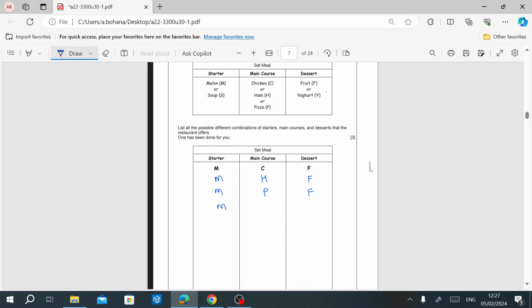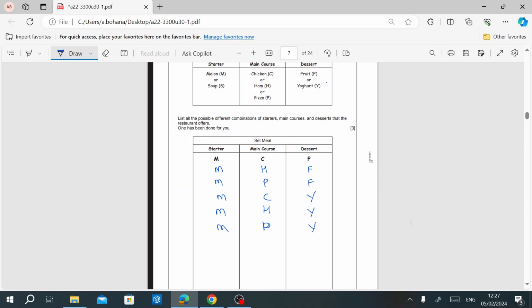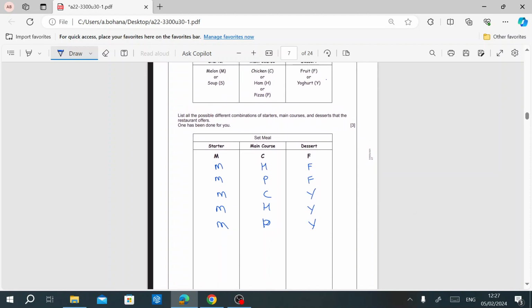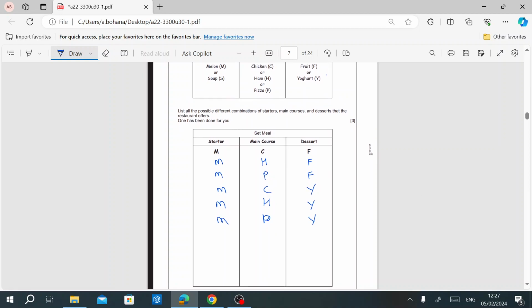So it's going to be melon, chicken, yogurt, melon, ham, yogurt, melon, pizza, and yogurt. So there's 6 M's altogether, and there will be a total of 6 S's, okay, altogether. It's the same thing, isn't it?